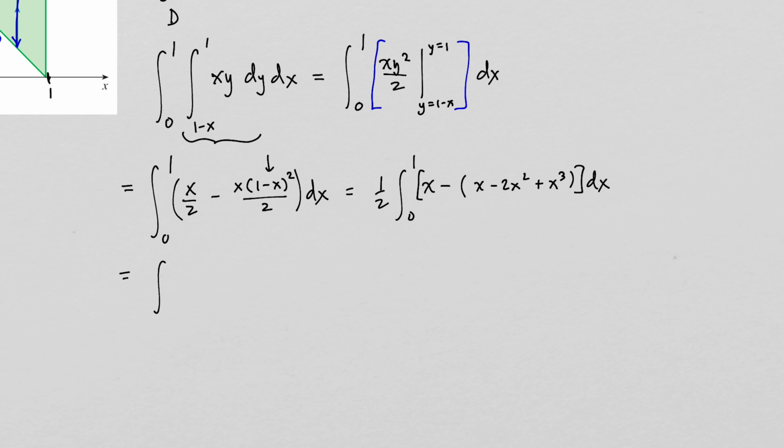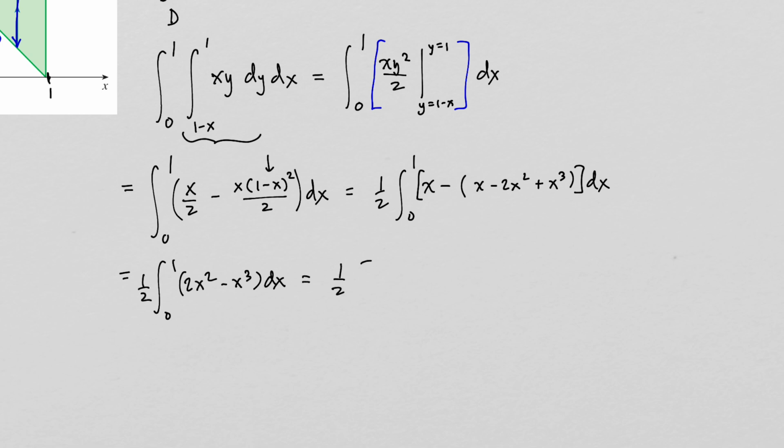Simplifying, we have the integral from 0 to 1. x minus x cancels. Negative negative here makes a positive 2x squared. And then we have negative x cubed dx, and then a 1/2 on the outside.